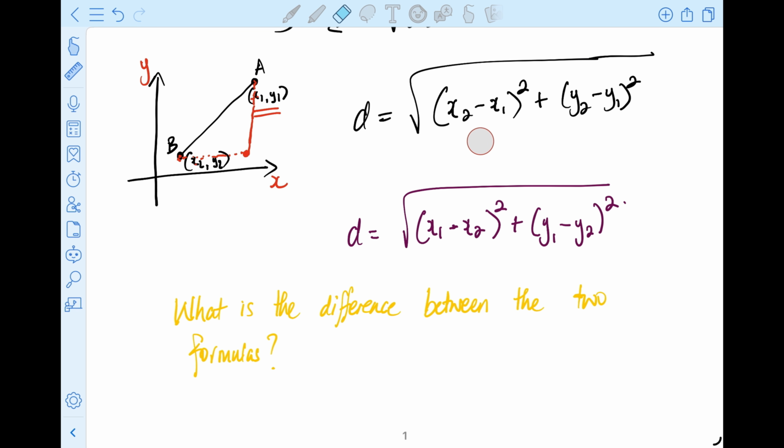However, moving forward, I want us to also focus on the fact that the distance formula is really d is equal to the square root of x2 minus x1 squared plus y2 minus y1 squared. Or it's also equal to x1 minus x2 squared and y1 minus y2 squared. And we're adding them.